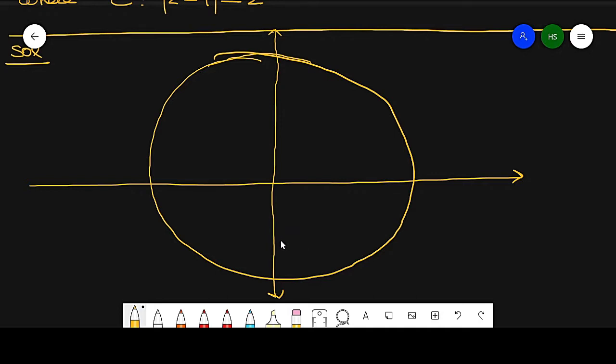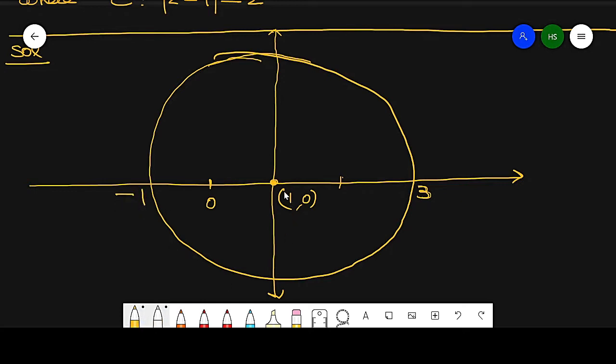It is a circle with center z equal to 1, that is (1, 0), and radius is 2. So this will become 1 and 2, so this is 3. Here, this is 1, then 0, and this is minus 1.